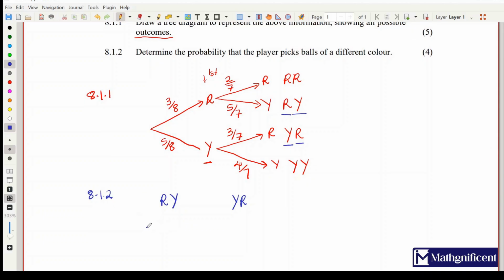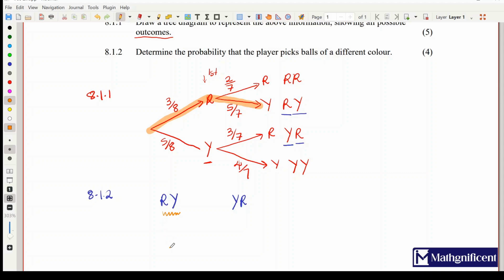So now how are we going to answer this? Remember, if we are looking for the probability and we are moving across, we are looking for this probability here. We are moving across from red then yellow. So this will be the probability of red then yellow.